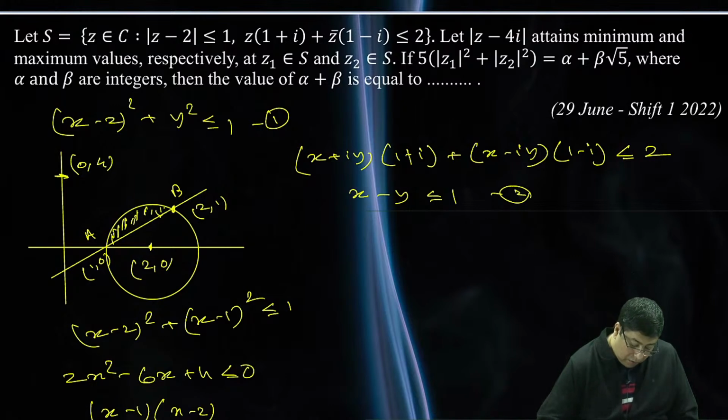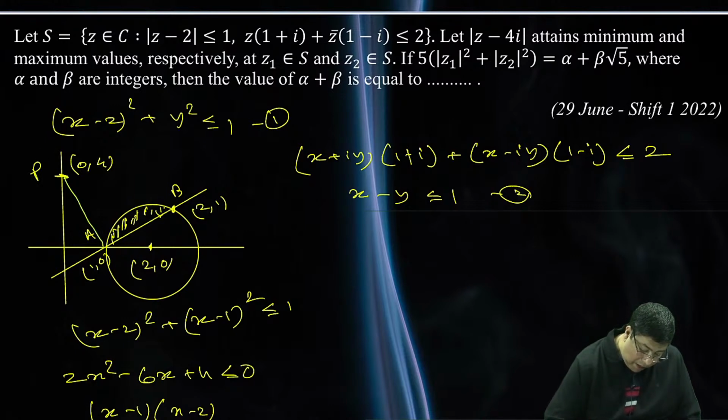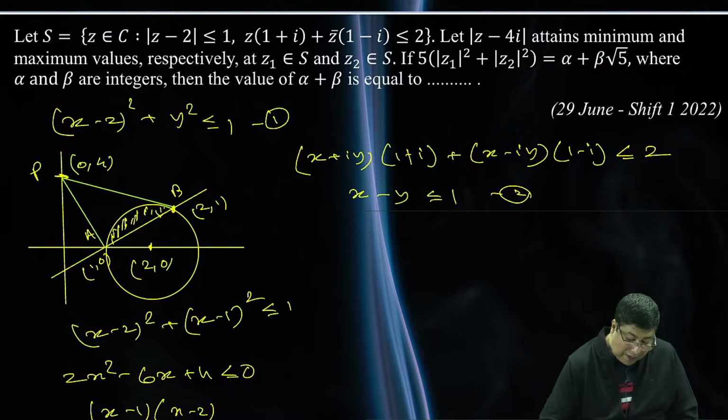Now suppose this point is P. This is PA, this is PB. What is the PA distance? Going from (0, 4) to (1, 0), 1 square plus 4 square, 16 plus 1, 17, so root 17.